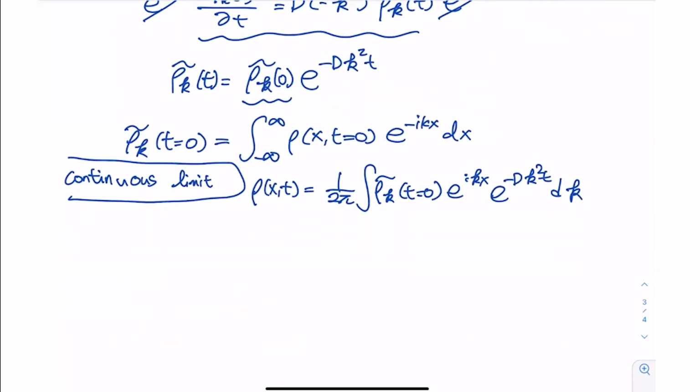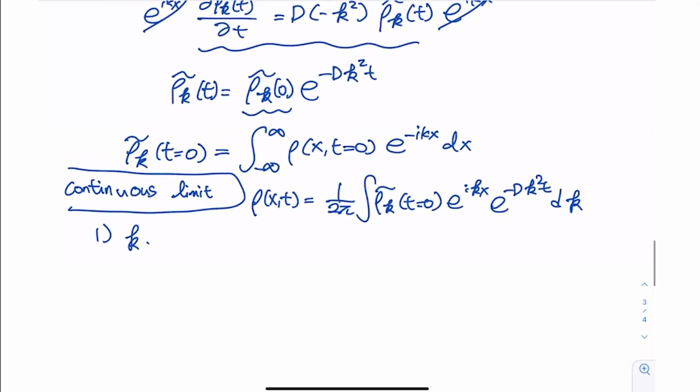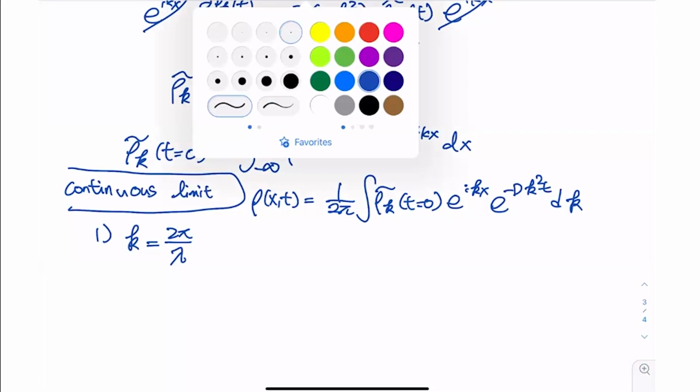So at this moment, we want to ask what we can learn from here. So the first thing is that this K actually is something related to the wavelength, the wave vector K. So we see that there's an exponential factor here.